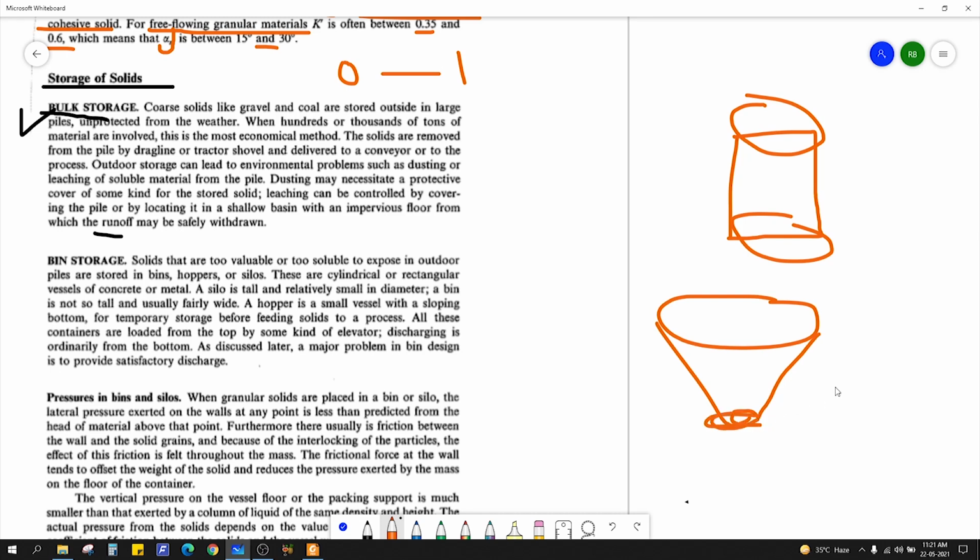So these are called bins. And there's one more thing, silos. Silos are tall cylindrical storage vessels with very small diameter. So you can store in bins and silos. If it is very valuable material, you have to store it in these bins.